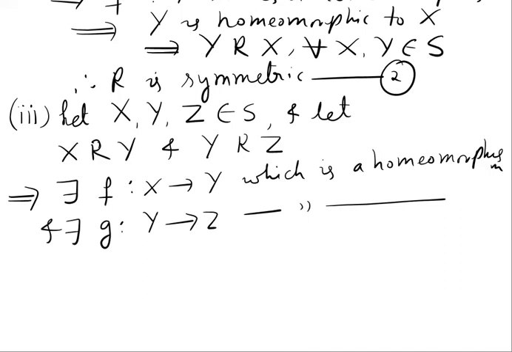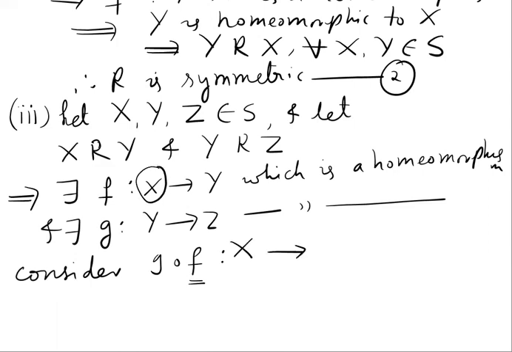So I want a function from X to Z. Consider the composition mapping g∘f. This g∘f will be a function from the domain of f, which is X, to the codomain of g, that is Z. So g∘f is definitely a function from X to Z.